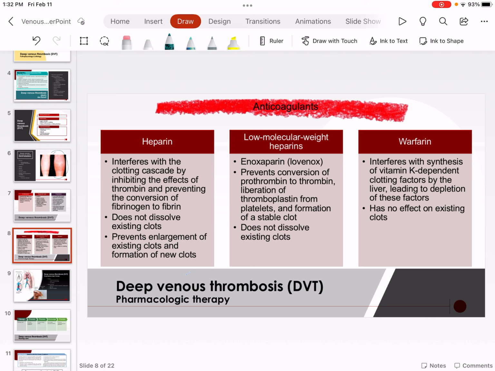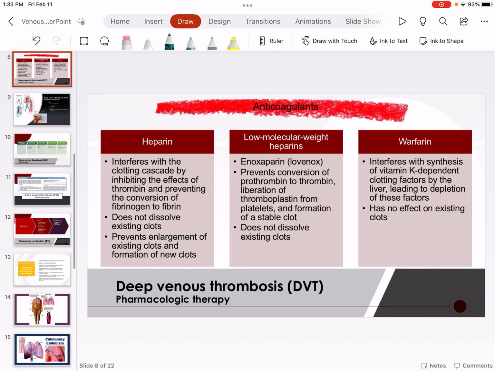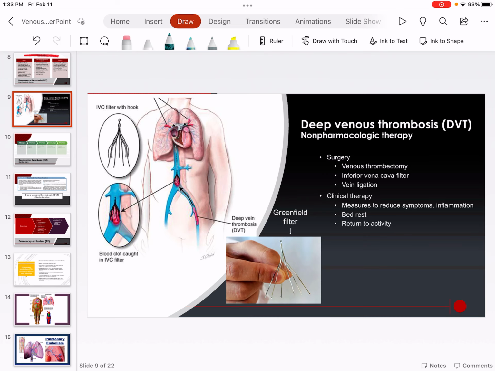Okay, so surgery. Most DVTs are not surgically removed. They just give the patient an anticoagulant, and the DVT absorbs on its own.